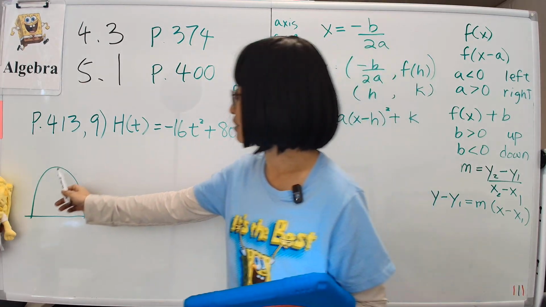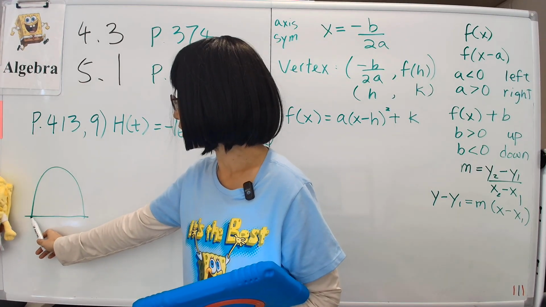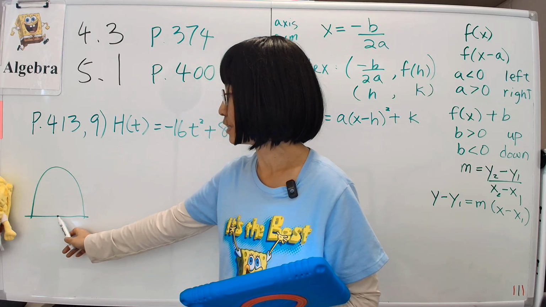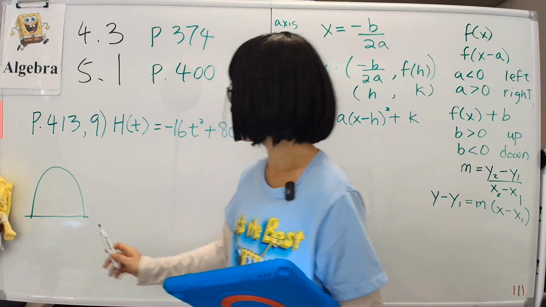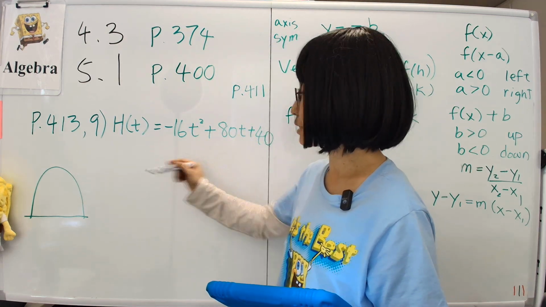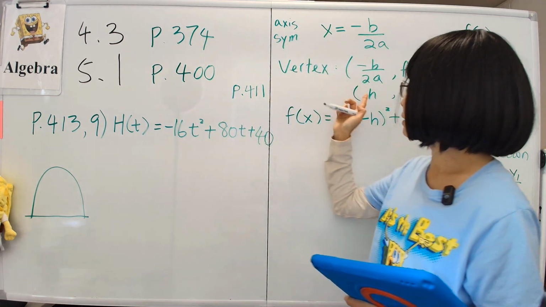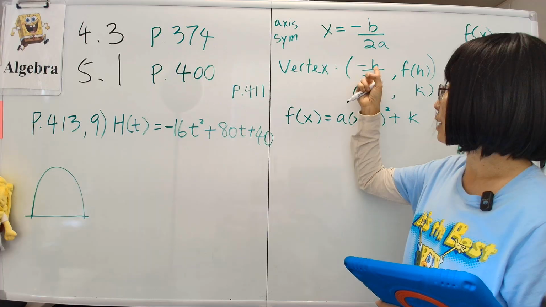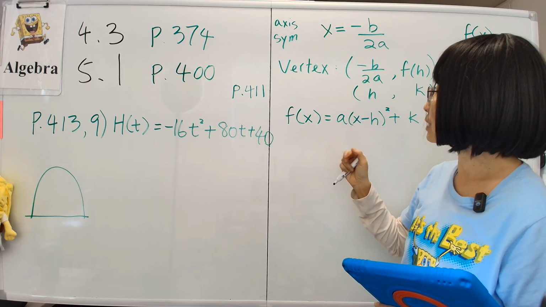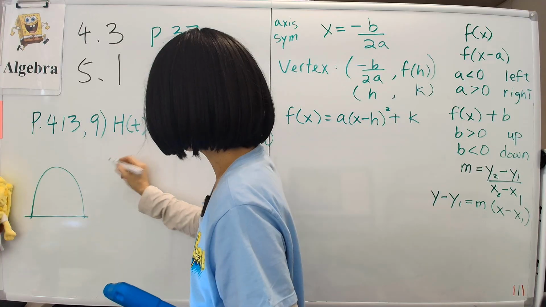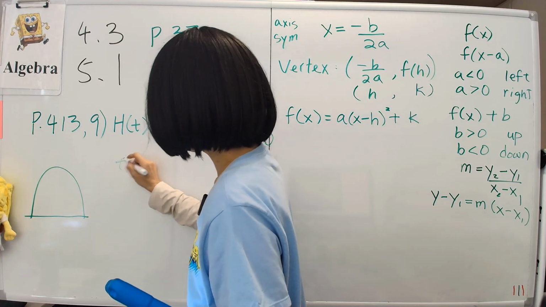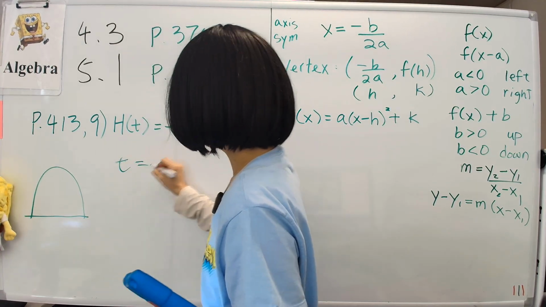So you start out here, t equal to 0. At some point, t is getting to the top part of the parabola. To find out when it hits the maximum, the vertex coordinate is minus b over 2a. So the maximum is when t equals minus b over 2a.